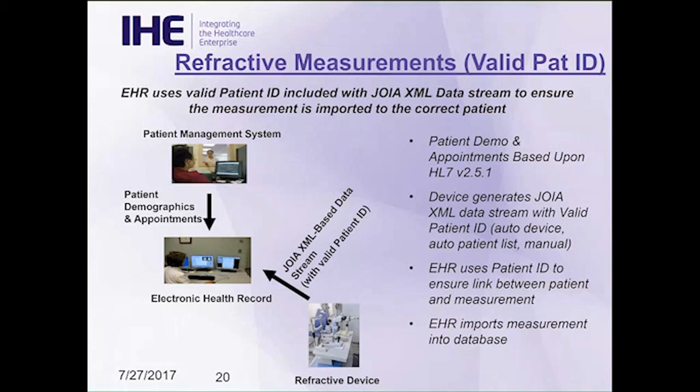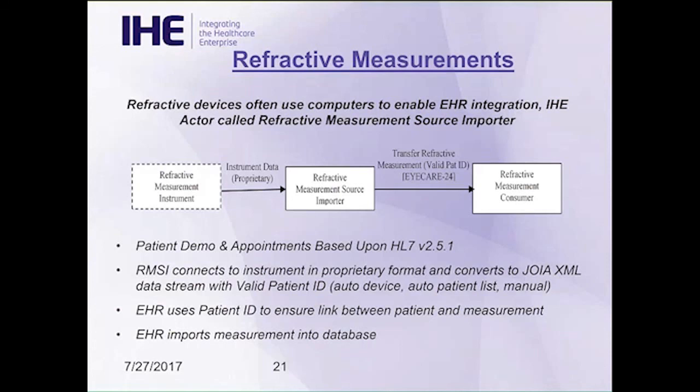Just a brief slide here: a lot of the refractive devices, again, are not devices with a lot of computer power behind them. So it's not uncommon for vendors to have the ability to use a computer to connect to multiple of these devices, and what they'll do is input the proprietary vendor-specific data into the computer, but then convert that and output it into the valid Joya data streams in the transactions we define in IHE.